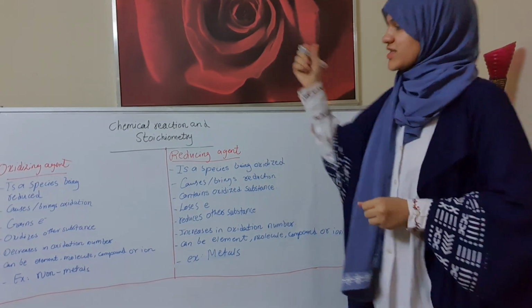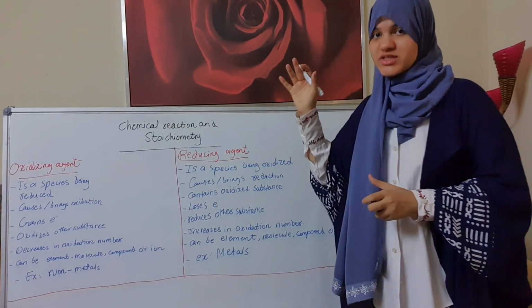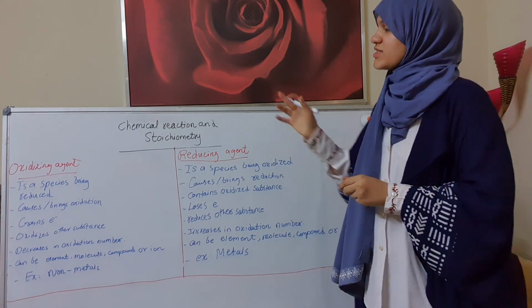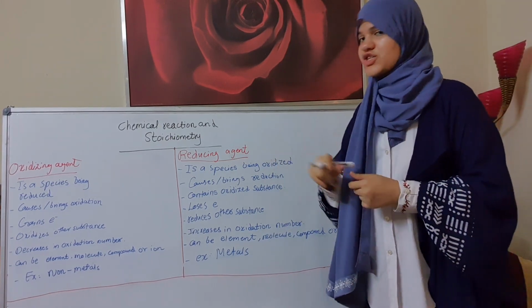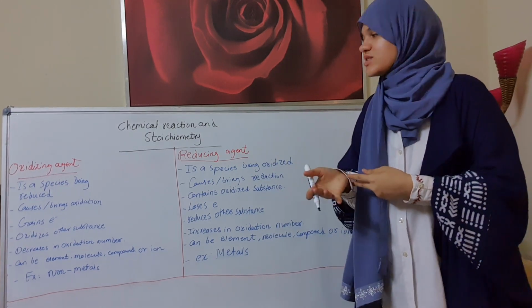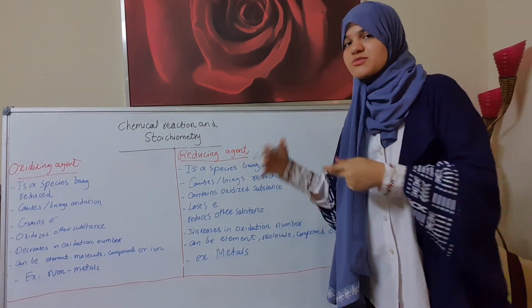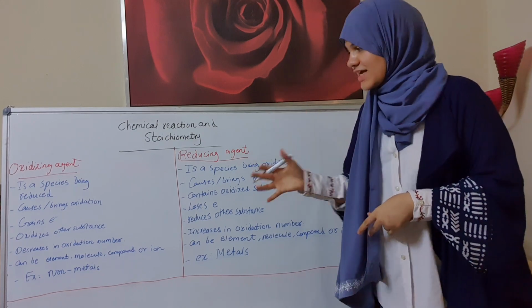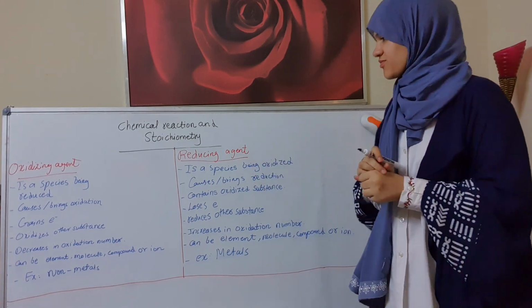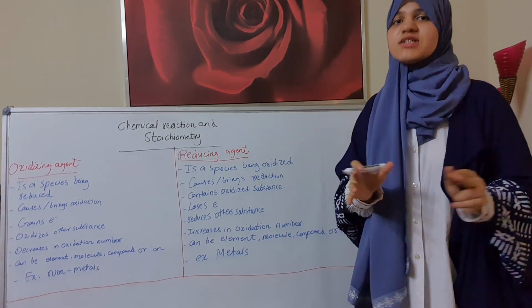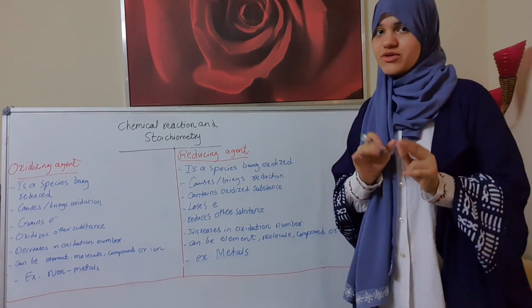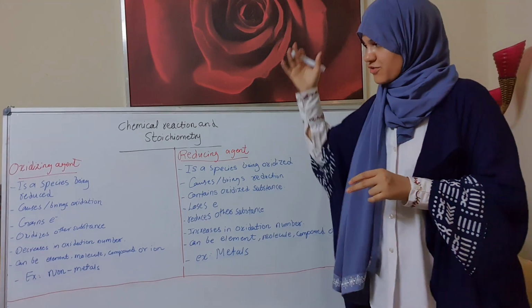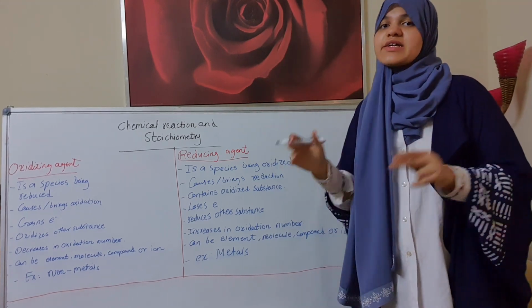First of all, the oxidizing agent is a species being reduced. It causes and brings oxidation, gains electrons, oxidizes other substances, and shows a decrease in oxidation number. It can be an element, molecule, compound, or ion. Examples of oxidizing agents are non-metals.